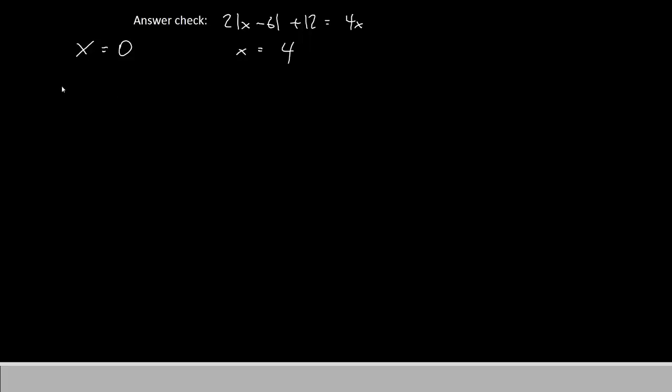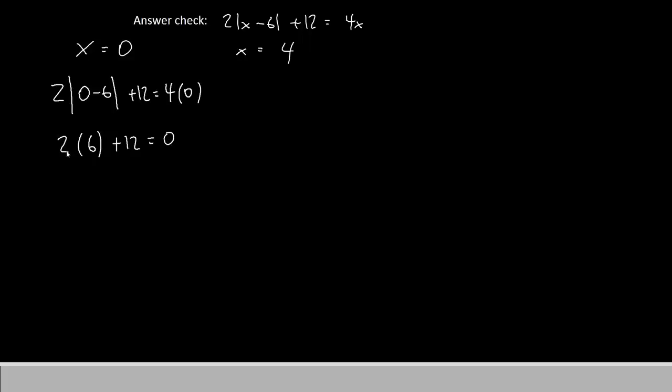We'll start with 0. We'll have 2 times absolute value of 0 minus 6 plus 12 equals 4 times 0. Let's simplify this a little bit. 0 minus 6 is negative 6, but the absolute value of negative 6 is positive 6. 4 times 0 is 0.